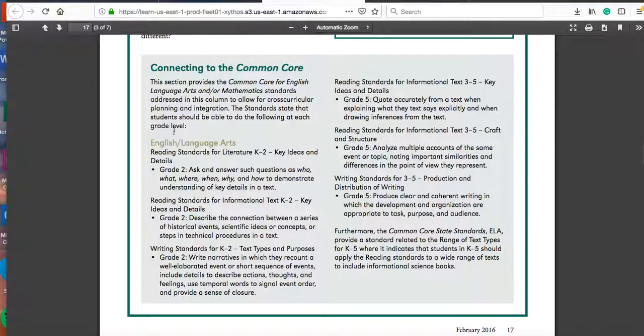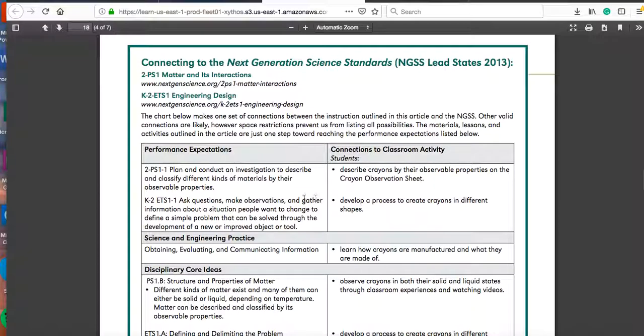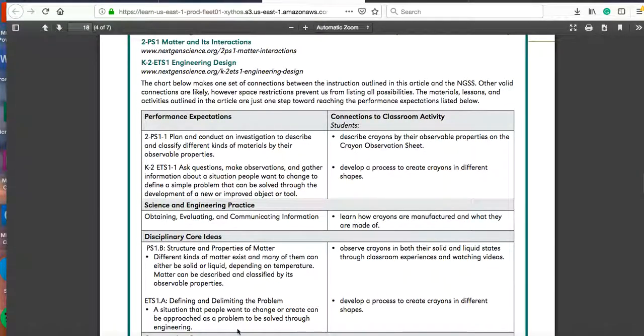Here are some of the standards connecting the lesson to English language arts, talking about reading comprehension as well as writing. For connecting to the Next Generation Science Standards, one idea is to plan and conduct an investigation to describe and classify different kinds of materials by their observable properties, which is the main standard that was used in this lesson.